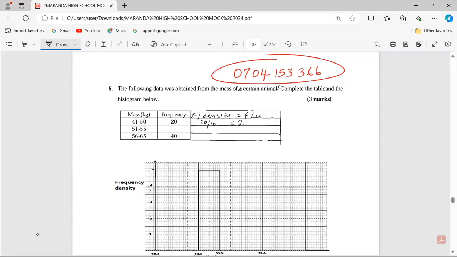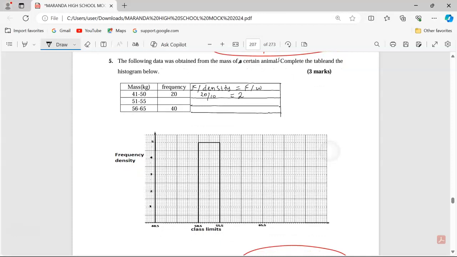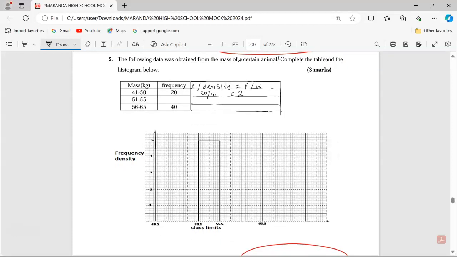gives us a frequency density of 2. The next class, we don't know the frequency, but the class interval is known from 50.5 to 55.5. That is a class interval of 5. Again, we can extract the frequency density from the diagram. The frequency density is 5.